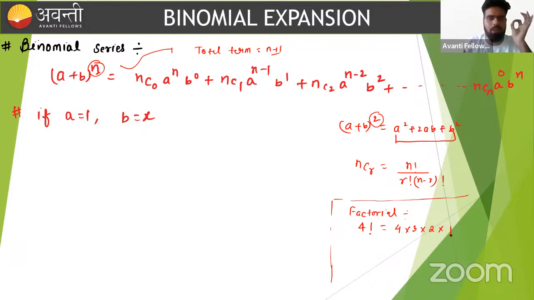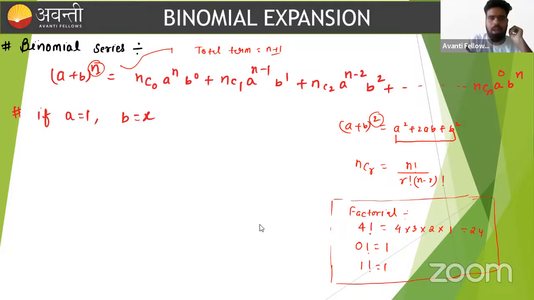Once we get 1, we stop. What is the value? 4 threes are 12, 12 twos are 24, that is the answer. One important point to keep in mind: 0 factorial equals 1 and 1 factorial also equals 1. We have to keep in mind such simple things.